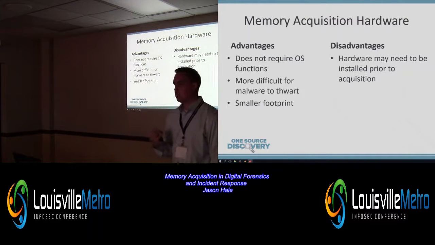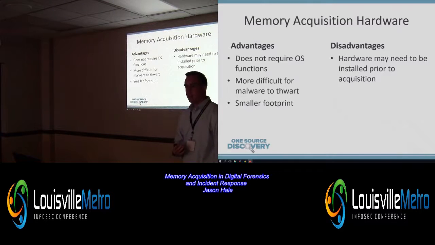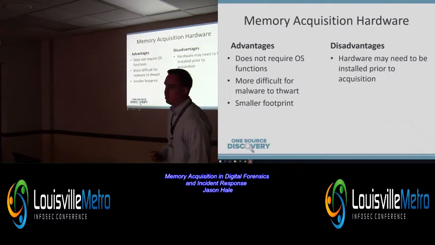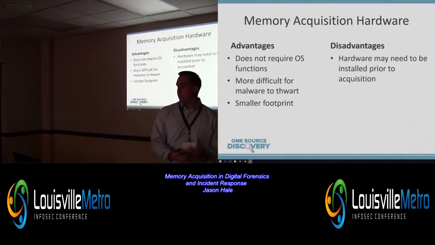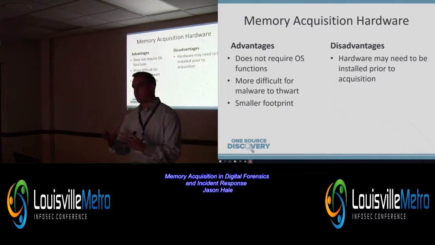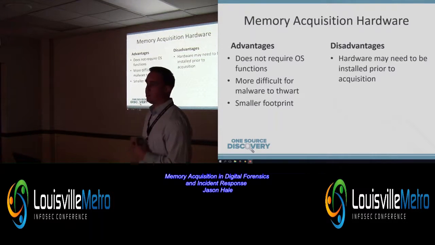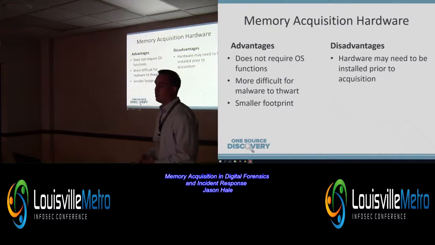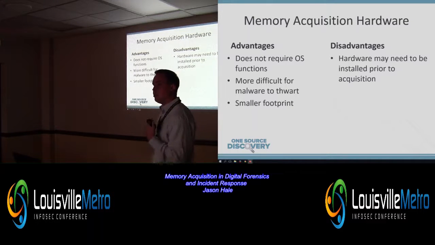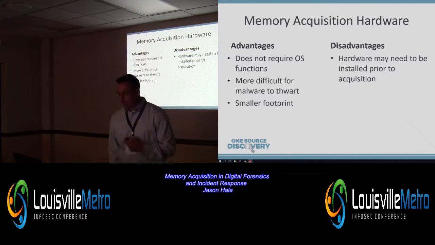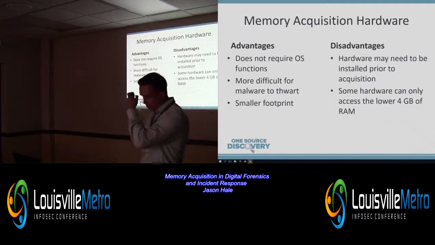So these PCI Express cards are not really designed for a first responder, incident responder scenario. Instead, they're typically designed so that you identify your most high-risk systems, the systems that are most likely to be compromised that you would need to acquire memory from. Then at some point, you install these PCI cards so that you have them, in the event that you need to dump memory. But that's certainly a disadvantage.